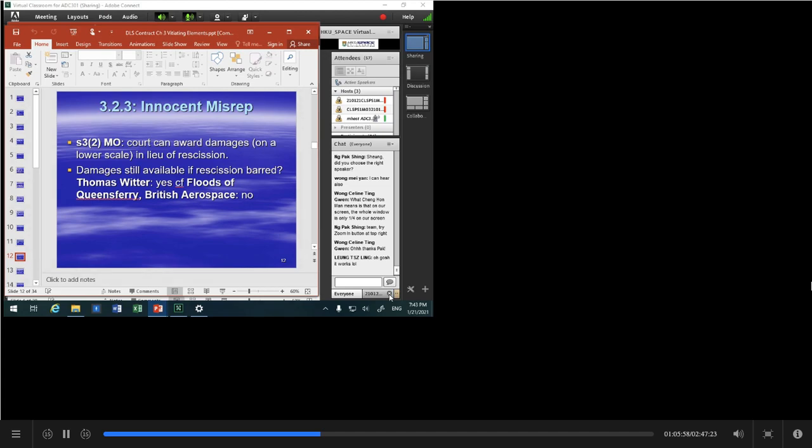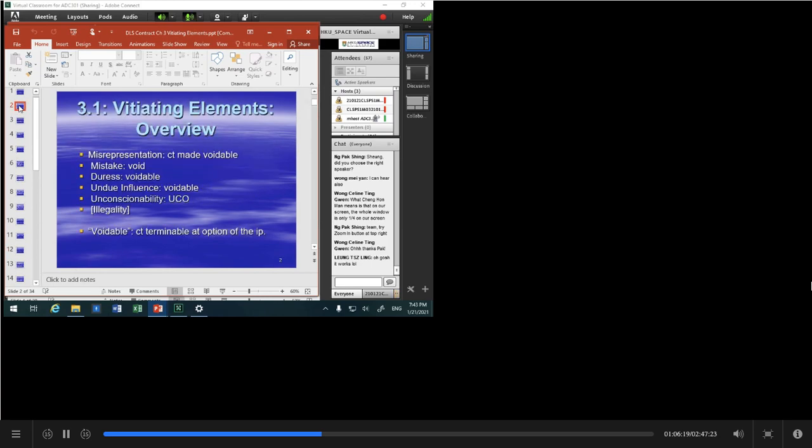And the other type of mistake is probably the most interesting one, and that's unilateral mistake. A unilateral mistake is where one party makes a mistake, the other party knows about it and then tries to take advantage of it. A lot of these cases deal with so-called rogue cases. Ingram and Little, Lewis and Avery, they concerned persons who entered into a contract with somebody who was a fraudulent person, who was a rogue.